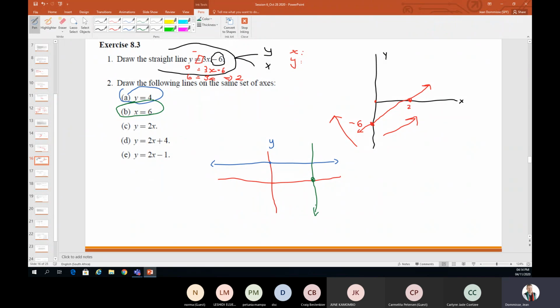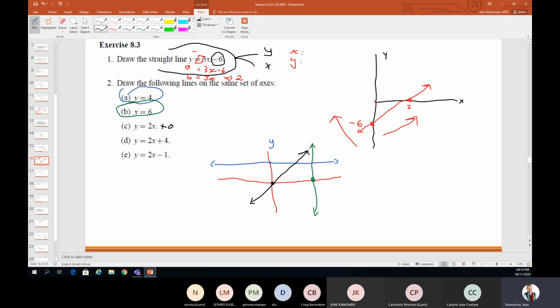So that will be your x is equal to 6. If you needed to look at the one that says y is equal to 2x, note that the y cutoff is 0, so it actually goes through that point 0, and then it is just a line doing that.